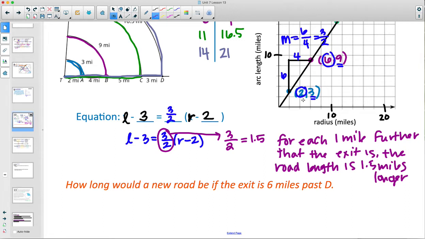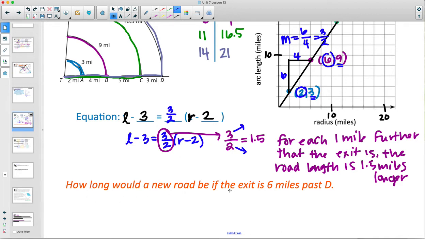So as this increases by 1.5, that's for every mile it goes further. And you could look at it also as for every 2 miles further the exit is, the road gets 3 miles longer. The exit 2 miles further, the road gets 3 miles further.